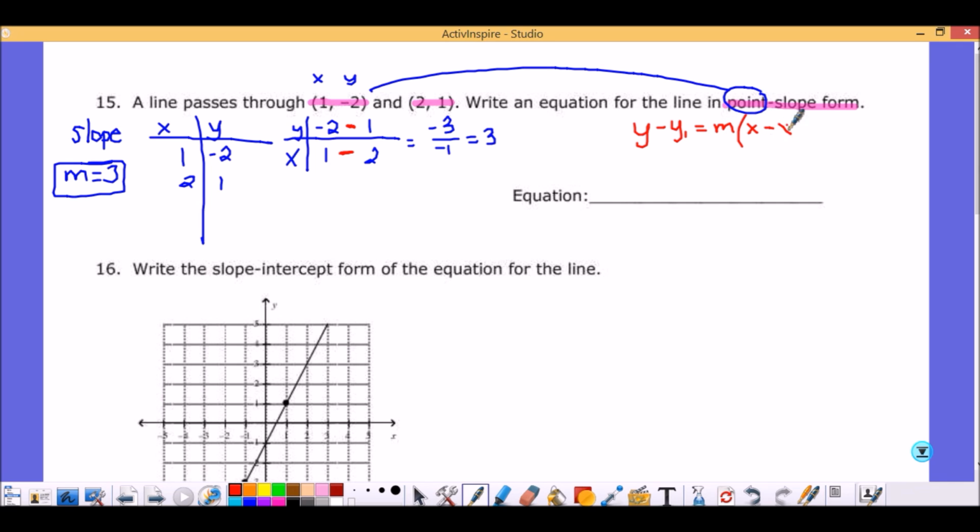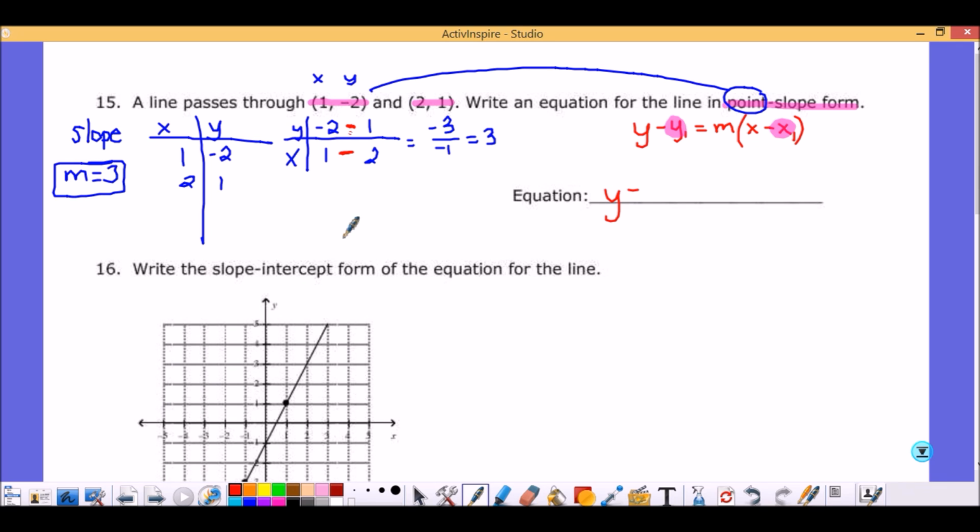So all this really means is this is my x value, this is my y value, and then m is my slope.